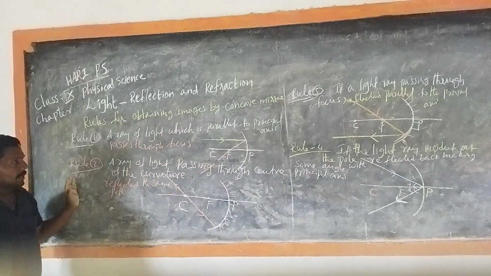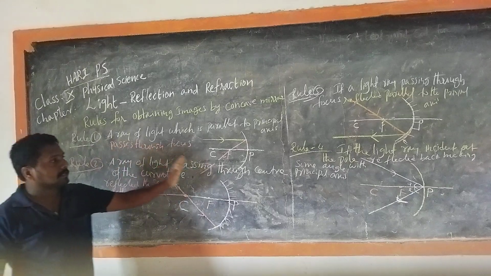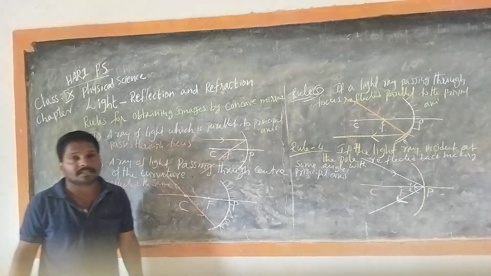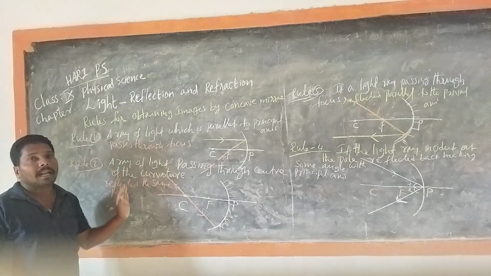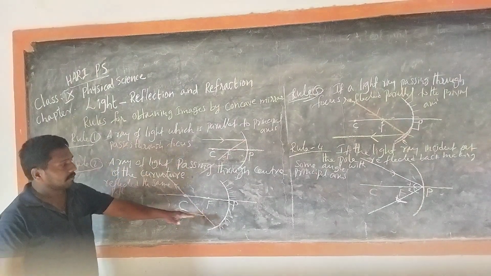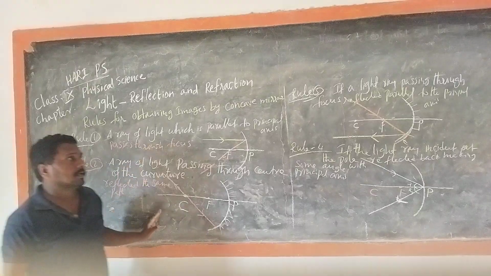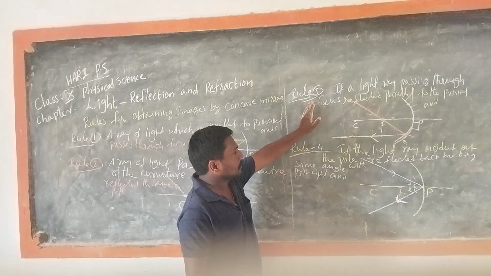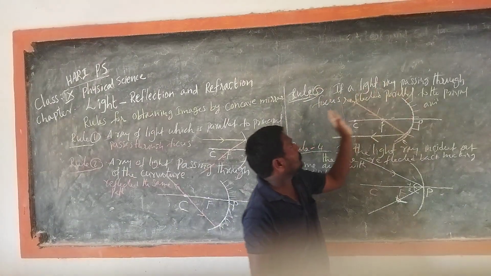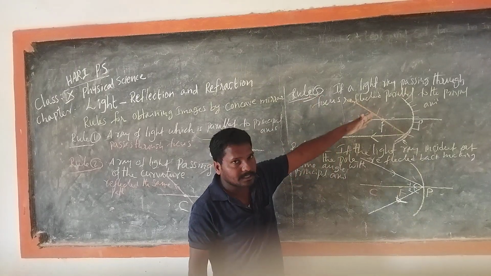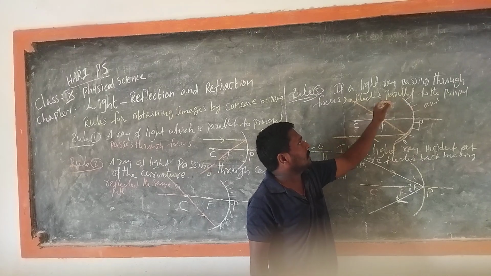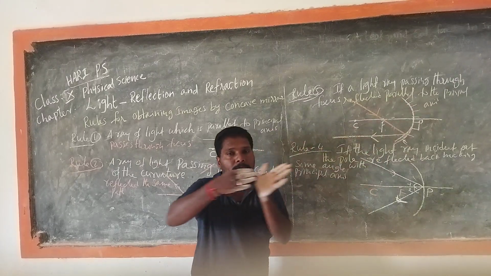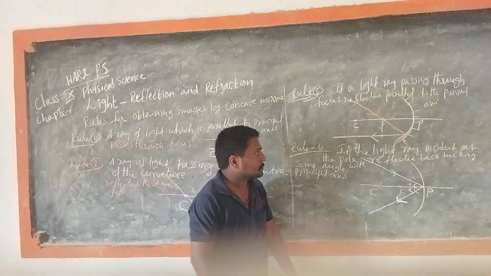The second one, a ray of light passing through the center of curvature, is reflected back along the same path. Then rule 3, if the light ray passes through the focus, after reflection it is reflected parallel to the principal axis.